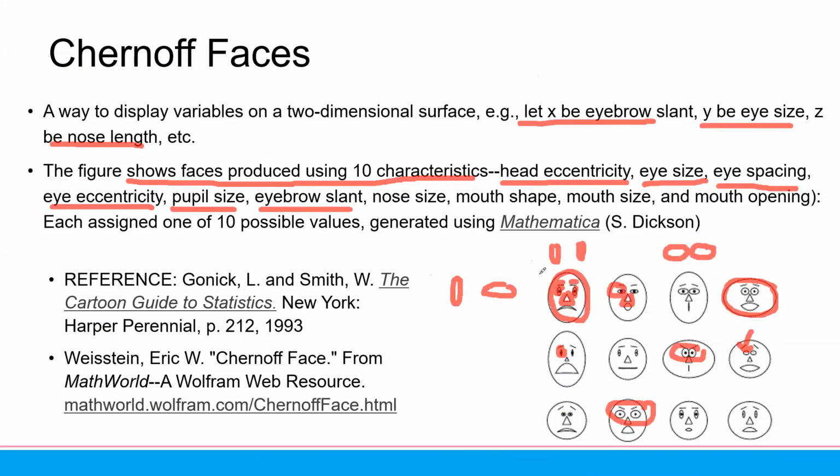Eyebrow length. So the eyebrow, it is just a horizontal, but we can see there is a slope. Okay. So it shows also different value. Nose size, mouth shape, mouth size, mouth opening. Yeah, it represents values, and they can show it into this kind of figure because this is the Chernoff faces.